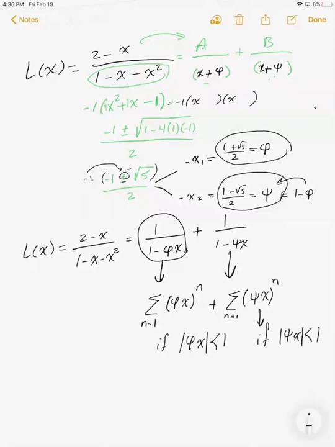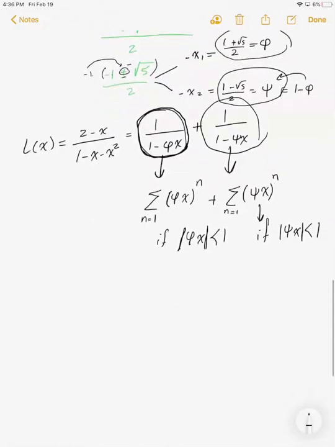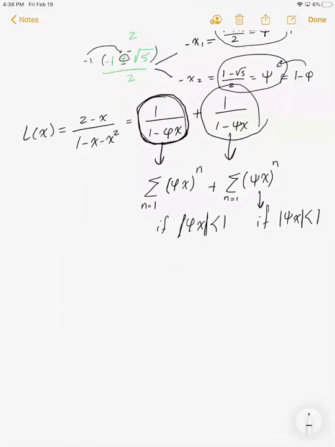So this is going to be written as a geometric series if the absolute value of phi x is less than 1. And this is another geometric series that can be written as a power series if the absolute value of xi x is less than 1. So now from here, we can write this as phi to the power n, x to the power n. And we can write this one as xi to the power n, x to the power n.